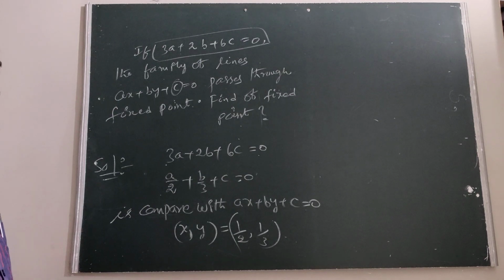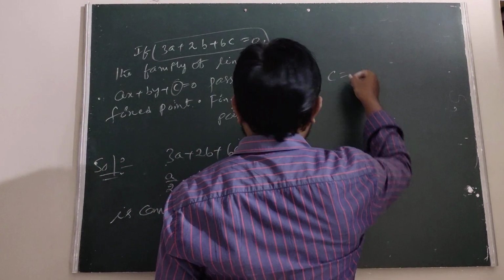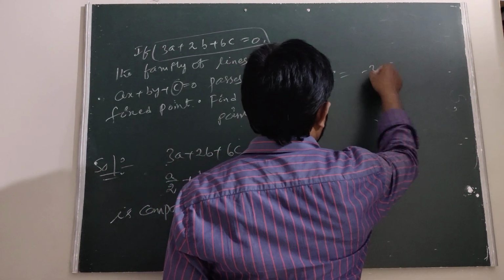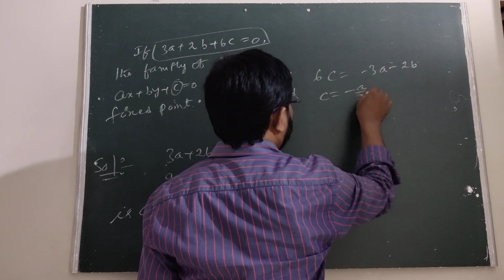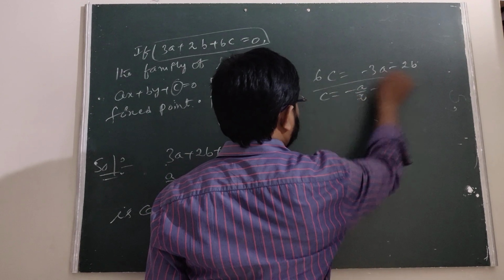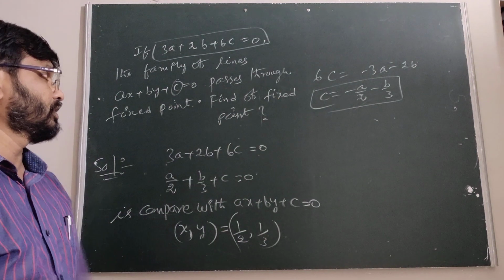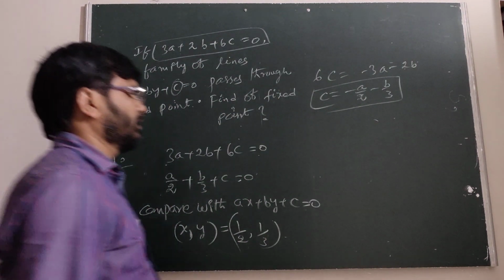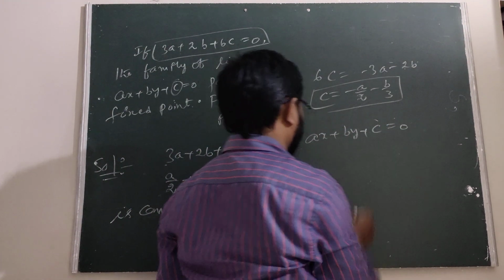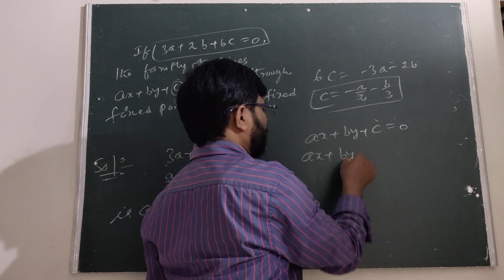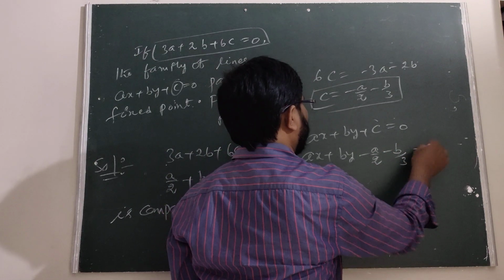The other method is we have to take c on the left hand side. Then 6c equals minus 3a minus 2b. So c is minus of a by 2 minus of b by 3, since 3 twos are 6 and 2 threes are 6. That is the value of c. Now the given line is ax plus by plus c equal to 0. Instead of c we take minus of a by 2 minus of b by 3.